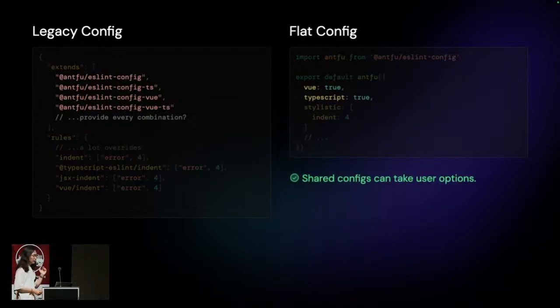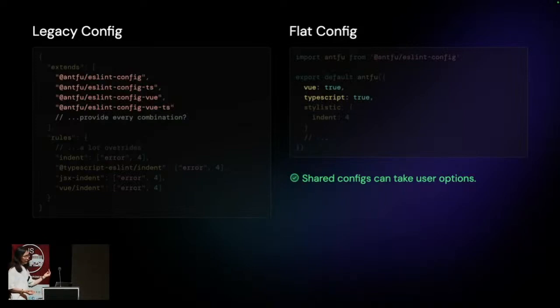So in the new flat config, a shared config can be a factory function that takes users' options, which we couldn't do in the legacy config. So imagine if I have a config repo, I want to manage all my config inside a project, so I can share across all my projects. I may want my config to work both with TypeScript or with non-TypeScript based on the project need, or with Vue or with non-Vue project.